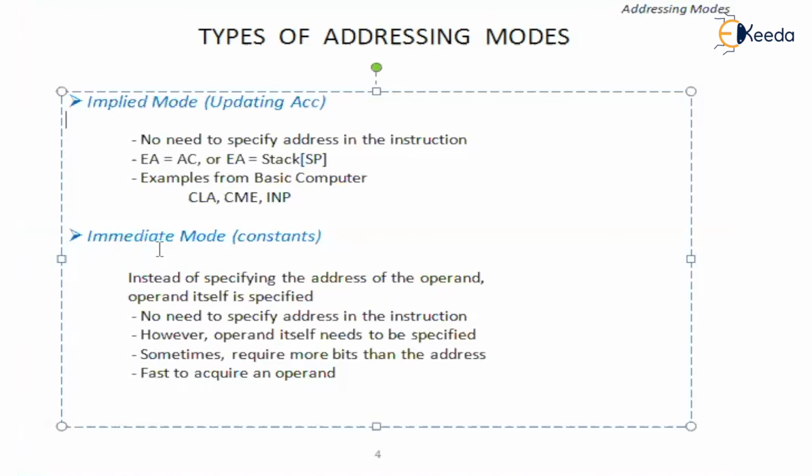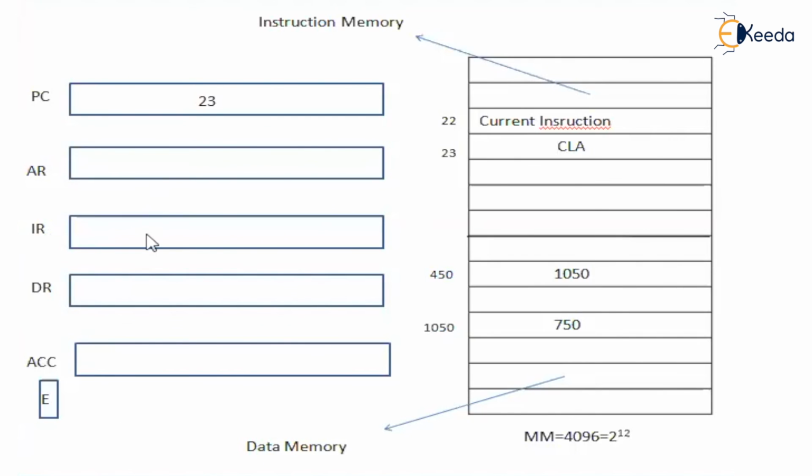And there is something called an immediate addressing mode. What is immediate addressing mode? Now go back. Let us see the current instruction. Add 450. If this instruction is said to be in the immediate addressing mode, then this 450 cannot be an address.